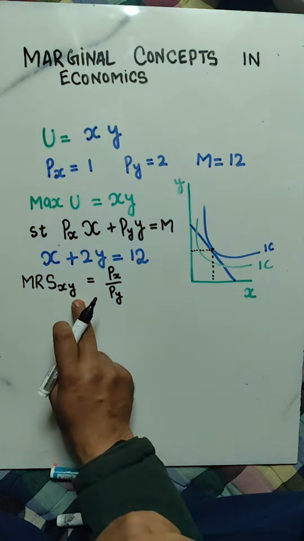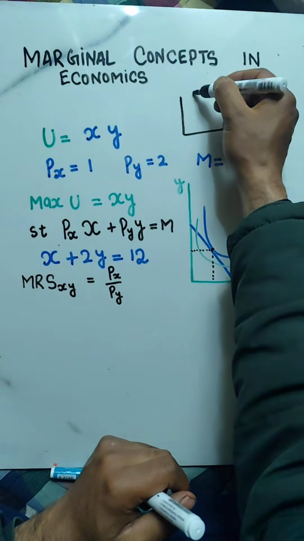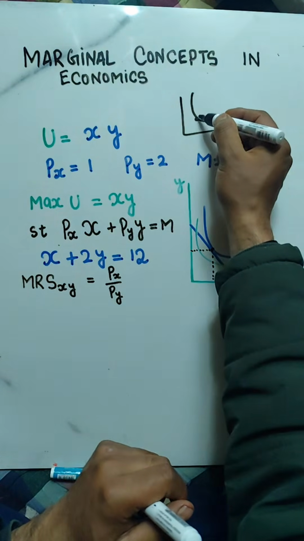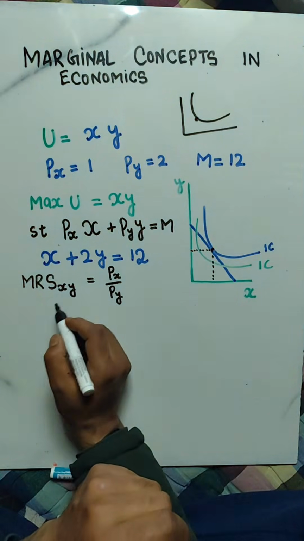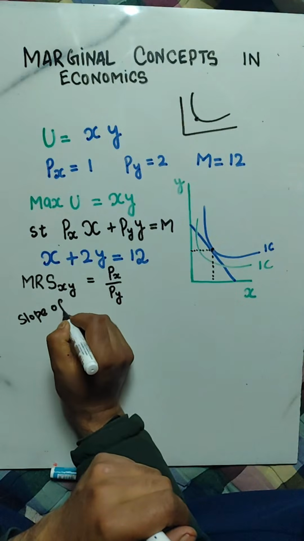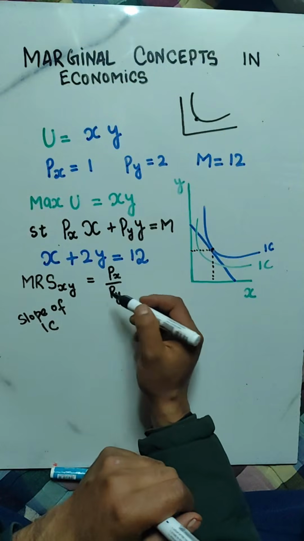Here the marginal rate of substitution shows us the slope of the indifference curve at any point, and at tangency it should be equal to the ratio of the prices.